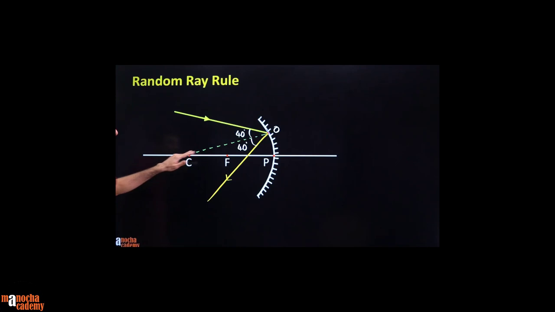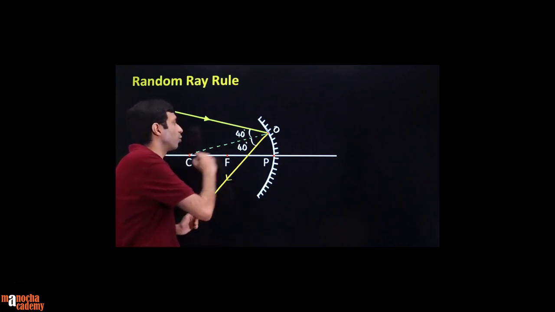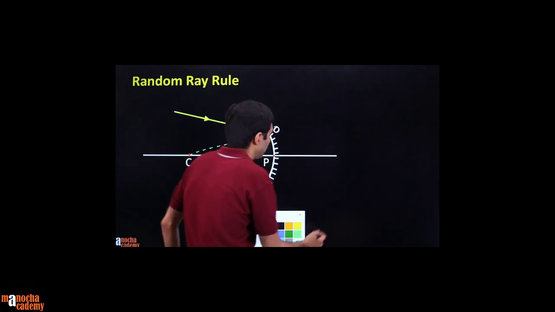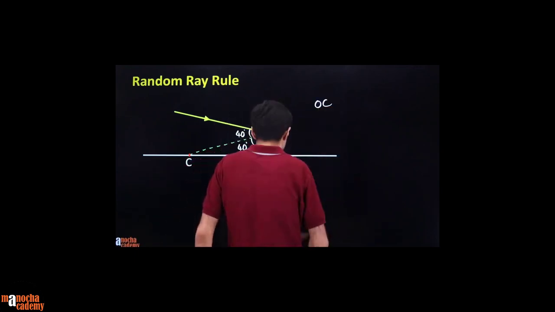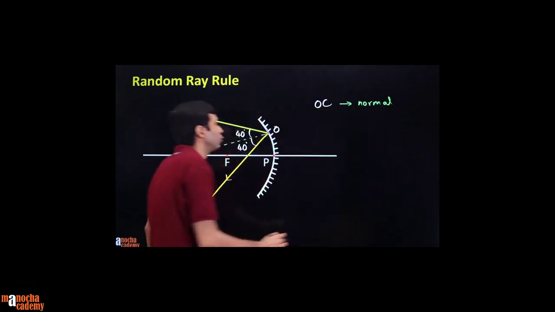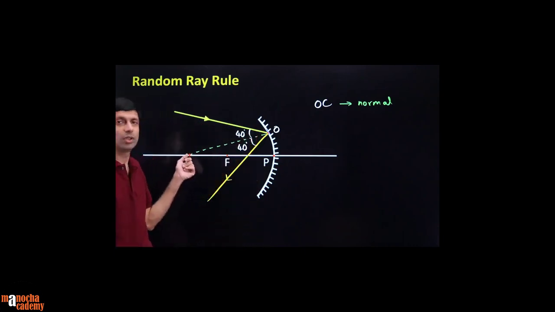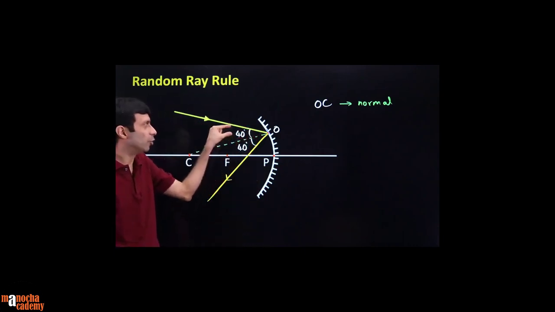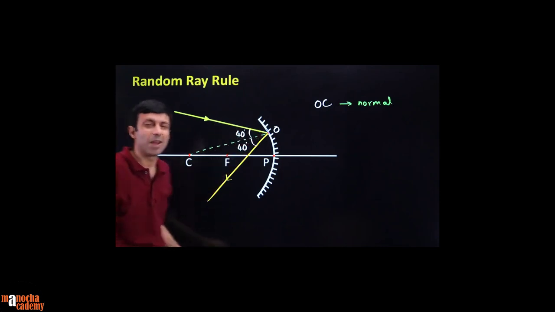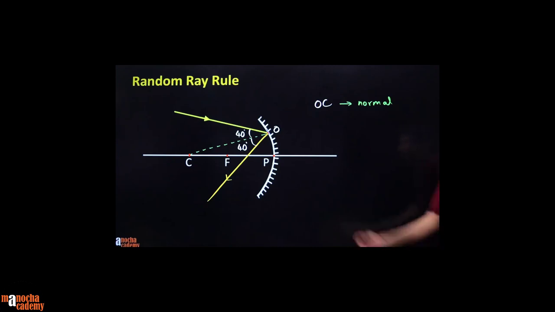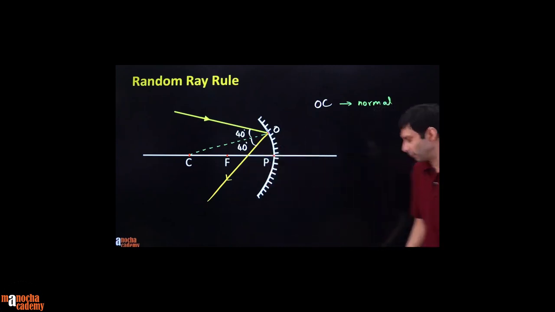What you can do is join O and C, measure this angle, 40 degrees, and draw the equal angle here, and you will get your reflected ray perfectly, because OC is the normal. The line joining the point of incidence to the center of curvature forms the normal. You measure the angle of the incident ray with the normal, draw that equal angle, and boom, you're done. So yes, it passes somewhere between P and F.